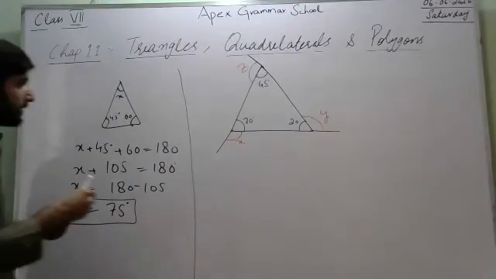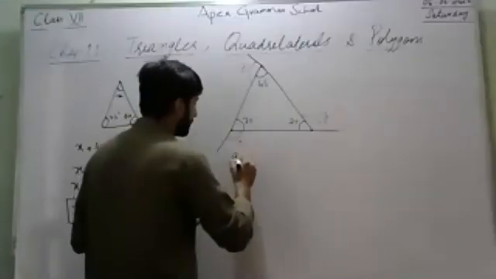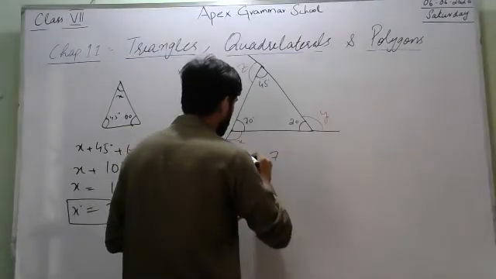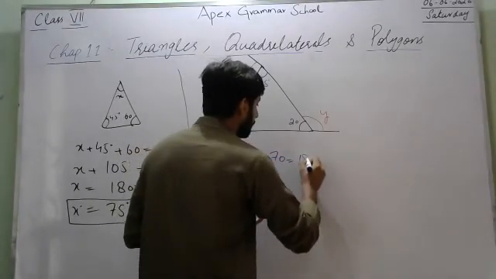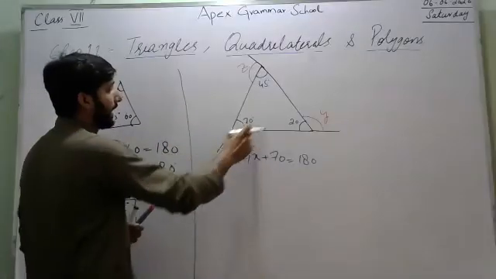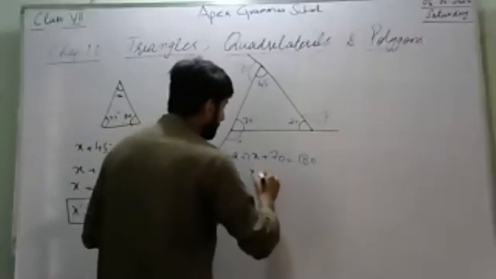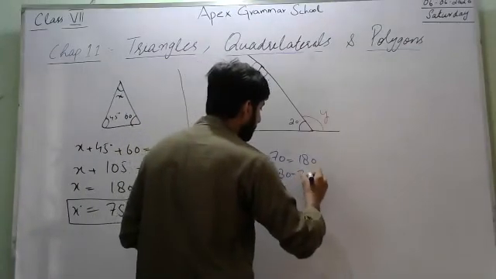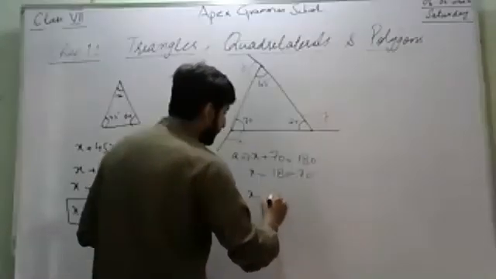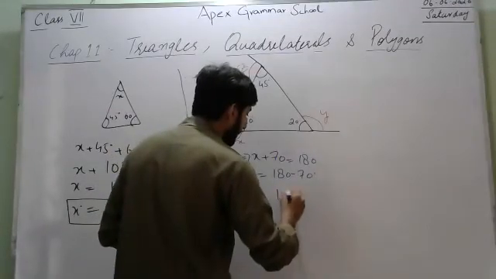According to our statement, X plus 70 equals 180, because the sum of an interior angle and its corresponding exterior angle equals 180 degrees. X equals 180 minus 70 degrees. X equals 110 degrees.